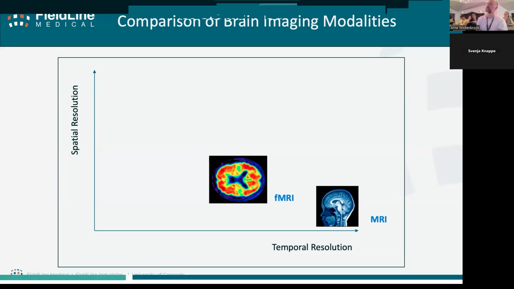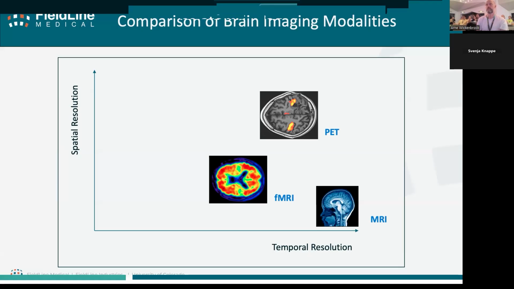So the spatial resolution is usually not quite as high, but it measures oxygen. Then you can measure glucose. That tends to be the radiotracer methods like PET or SPECT.